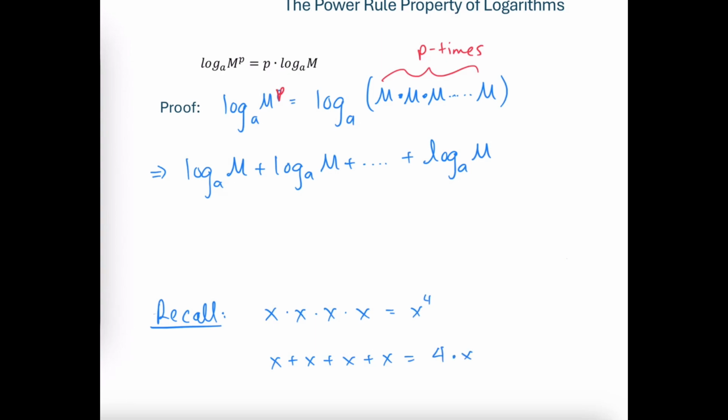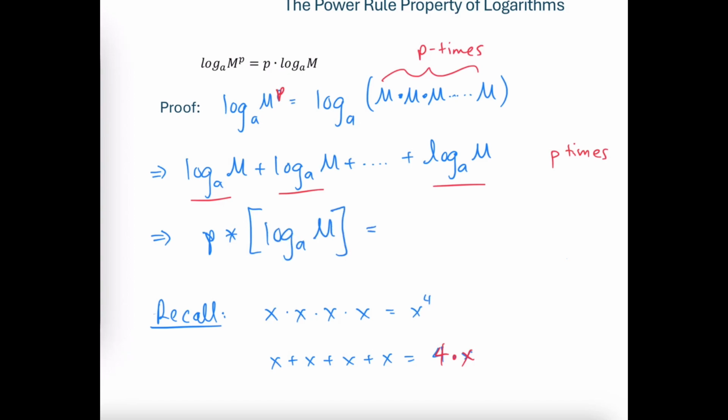So if I'm adding a bunch of things together, that's going to be 4 times that thing, or however many of those x's I am actually adding. So I have log base A of m plus log base A of m plus log base A of m, and we're doing this p times. So what this ends up giving us then is going to be p times that log base A of m.